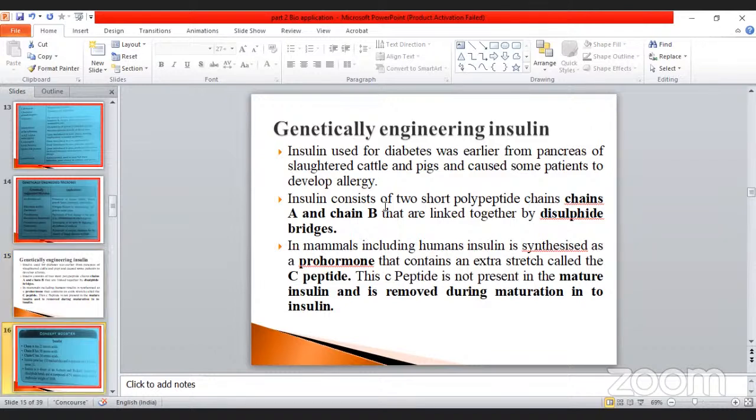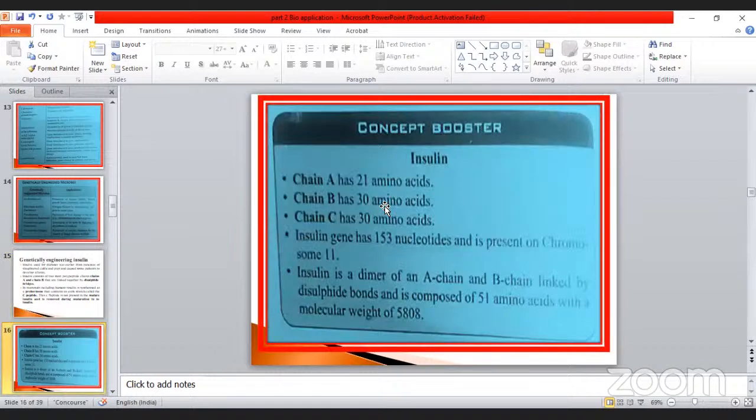What are the components of the insulin molecule? It is very, very important, my dear students. Don't forget this. Chain A has 21 amino acids. Chain B has 30 amino acids. Total A and B containing 51 amino acids. The C chain contains 30 amino acids.